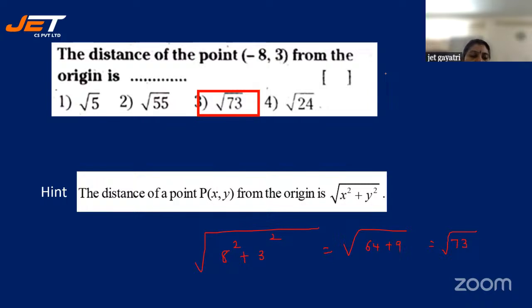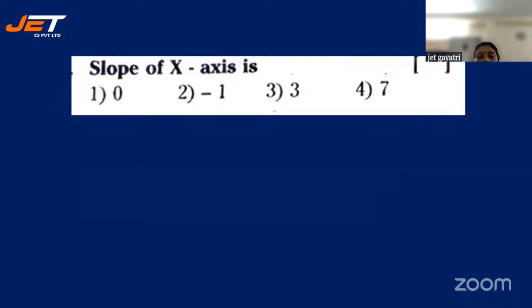Option 3. I have still not got students. Yes, 73. Shama has given me the correct answer. I think all others are yet to do it and give me. All right, good students. Sri Vanila has given me option 3. Correct. All right, now let's move on to the next question.